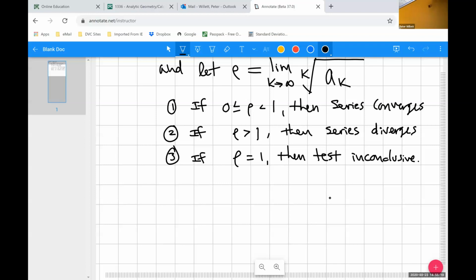Well, basically that's going to happen when the thing that you're taking the kth root of already has a power of k on it. So if the a sub k term is something that has a kth power, then when I take the kth root of something with a kth power, they would cancel out.